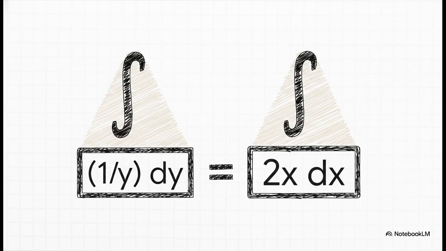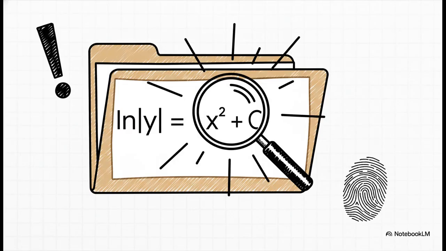You got it. We integrate. We apply the integral sign to both sides of the equation. This is that key mathematical step that reverses the derivative and helps us work our way back to the original function. And after we do the integration, here's what we get. The integral of 1/y is the natural log of y. The integral of 2x is x². And, crucially, we add our constant of integration, that plus C, on one side.